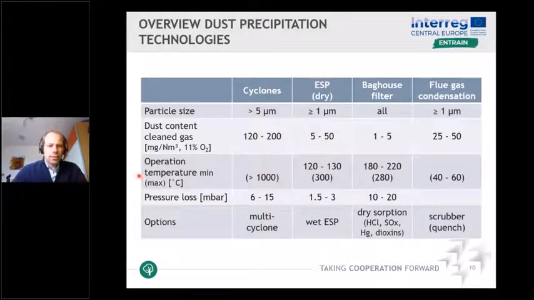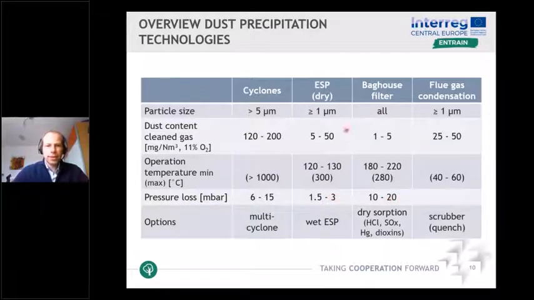What also has to be considered regarding flue gas cleaning is the pressure loss of the system. As you can see, cyclones are in the range of about 6 to 15 millibars pressure loss, which in any case has to be considered because this is really state of the art.